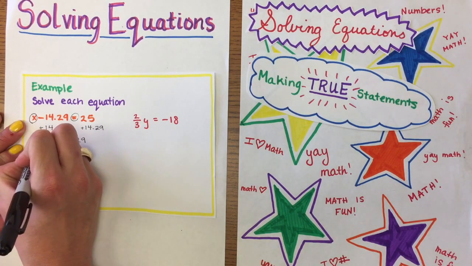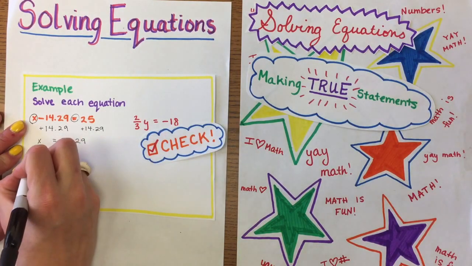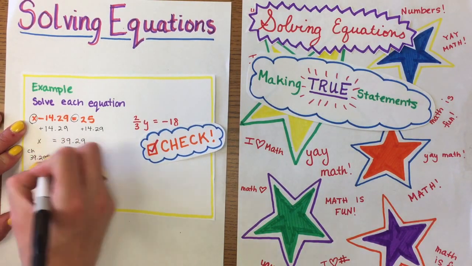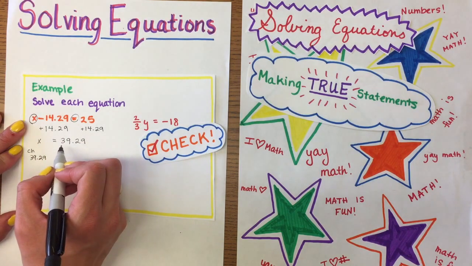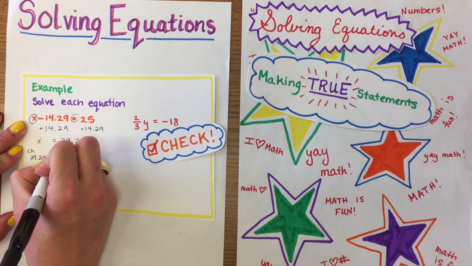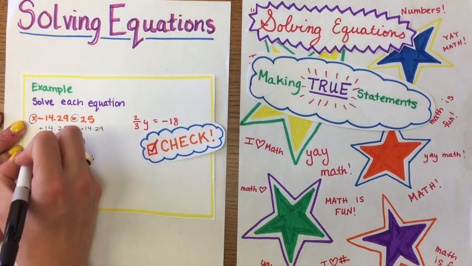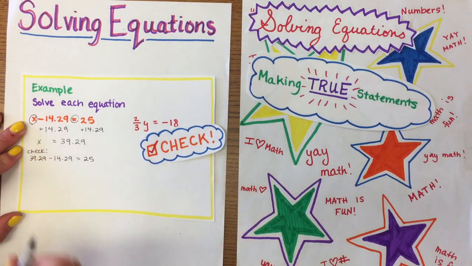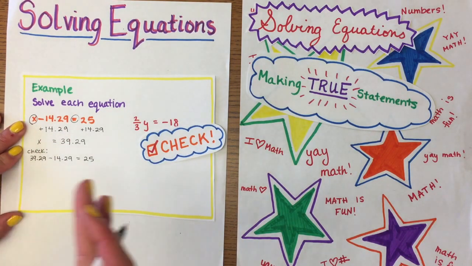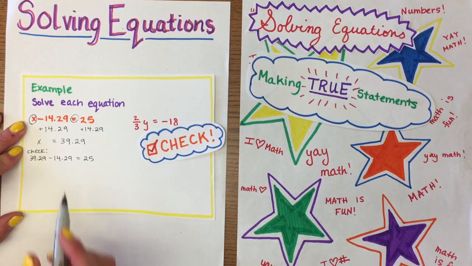So I'm going to check my answer. I'm substituting in 39.29 for my variable x, minus 14.29 is equal to 25. When I check an answer, it's really important that we don't mix between the two sides because we might make a mistake or invalidate our solution.